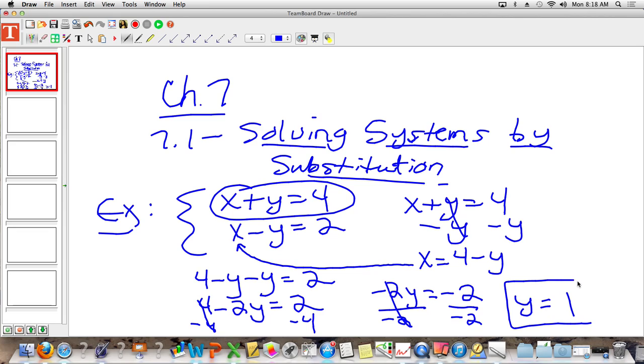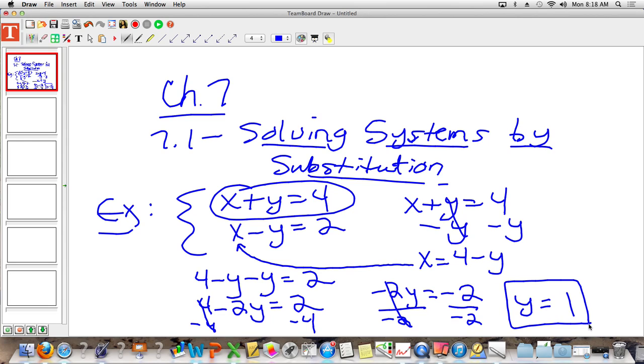All right, now you have to go back and figure out what the x is. To figure out what the x is, all you have to do is go back to either one of your original equations, plug in that 1 for y, and solve for x. At this point, you can use the first equation or the second equation. Use the one that makes the most sense. The first avoids having to use negatives, it avoids having to subtract, so go back to the easy one.